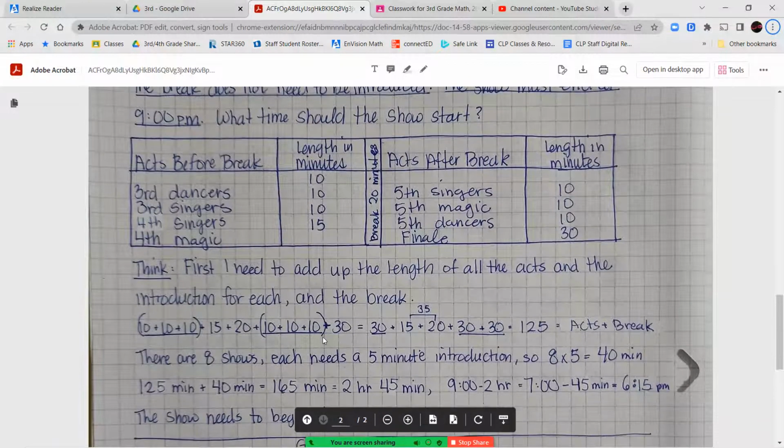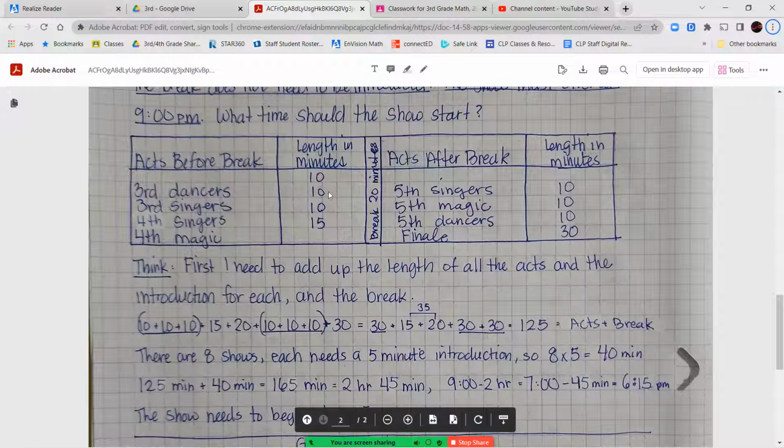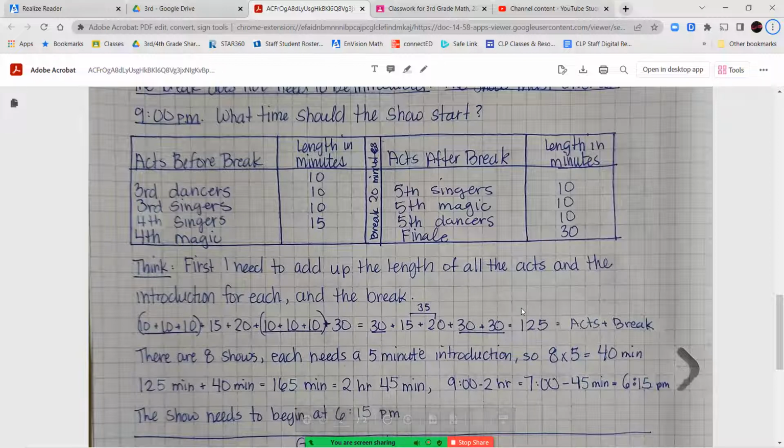So again, what we did was we added up how much time each show is going to take plus a 20-minute break. That gave us 125 minutes. Then I found out how many minutes she needs for the introduction. So 5-minute introduction for each show, and there's 8 shows. So 5 times 8 or 8 times 5 is 40.